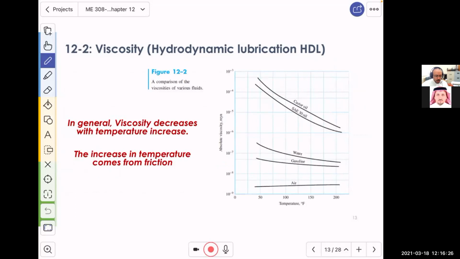Okay. Now we talked about viscosity, and it is very important for the bearing.